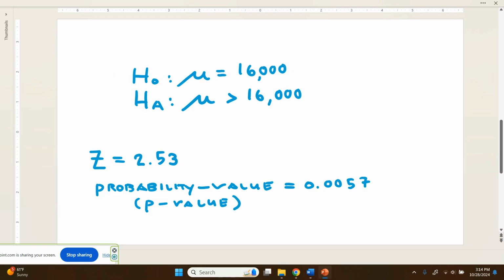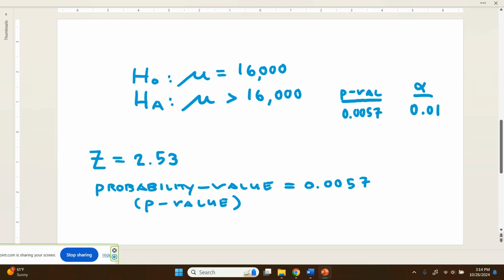So now we need to make a decision. And typically how these decisions go is that I like to put the p-value, p-val for short, and alpha side by side. Just something I like to do. I've been doing it for many years. And I have to make a decision. I'm already seeing that the 16,200 is really different and far to the right of 16,000.